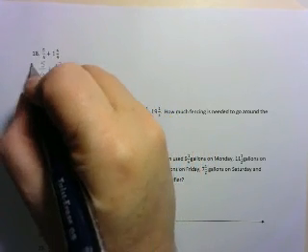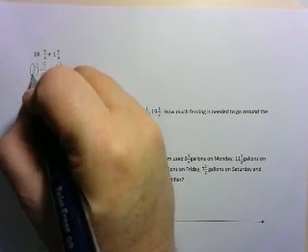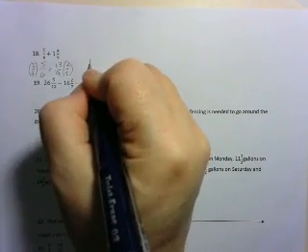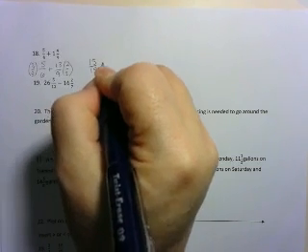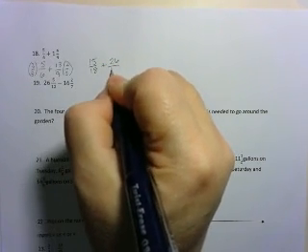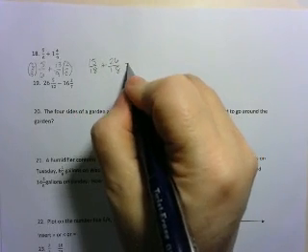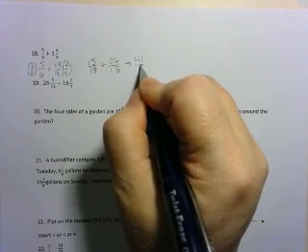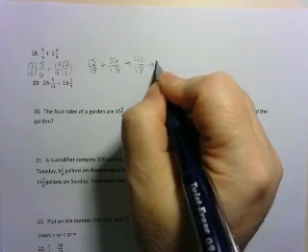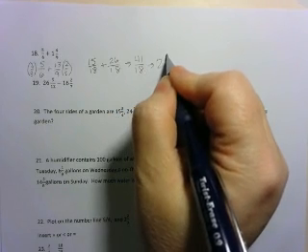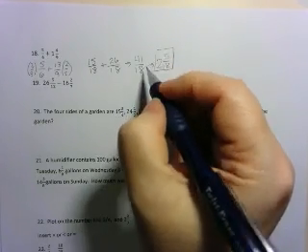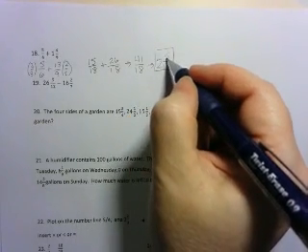So I would have to multiply this by 3 over 3 and this by 2 over 2. 3 times 5 gives me 15 over 18. 2 times 13 gives me 26 over 18, which gives me 41 over 18, which is 2 and 5/18 as a mixed number. 18 goes into 41 twice with 5 left over.